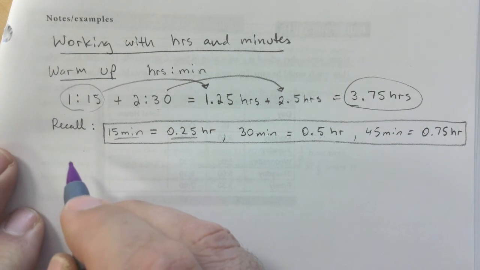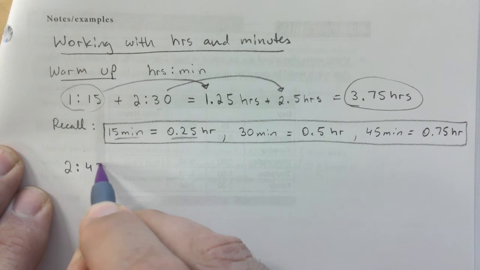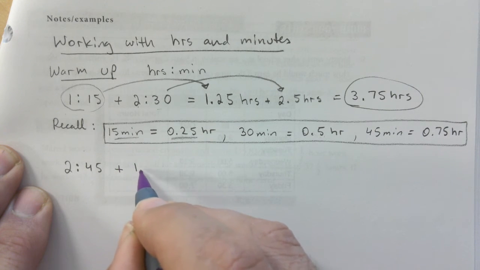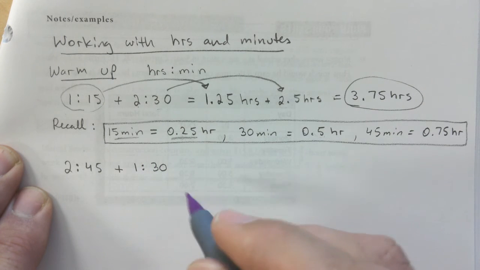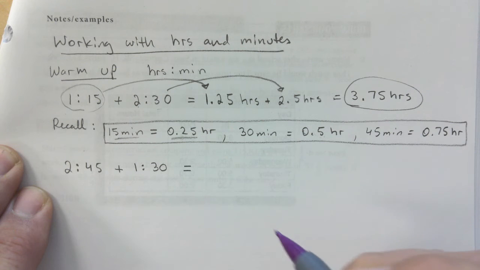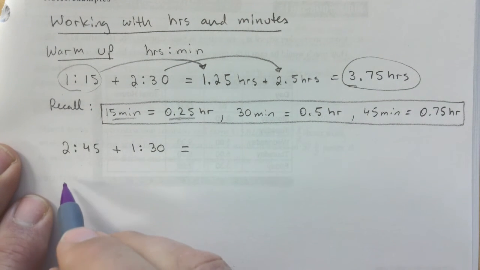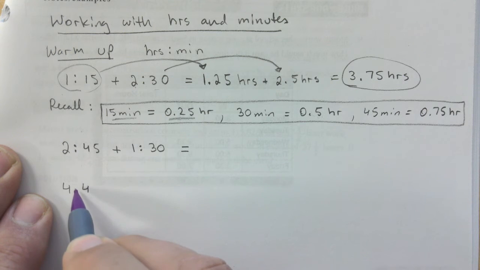So I will give you a couple more. If somebody worked 2 hours and 45 minutes one day and 1 hour and 30 minutes the next day, what would that add up to? So I want you to calculate that on your own right now.